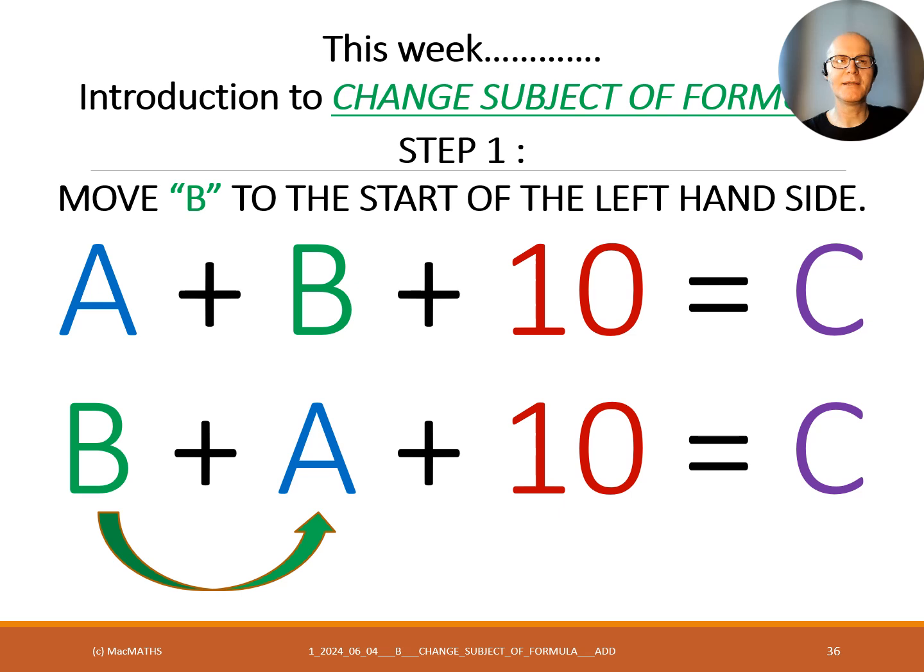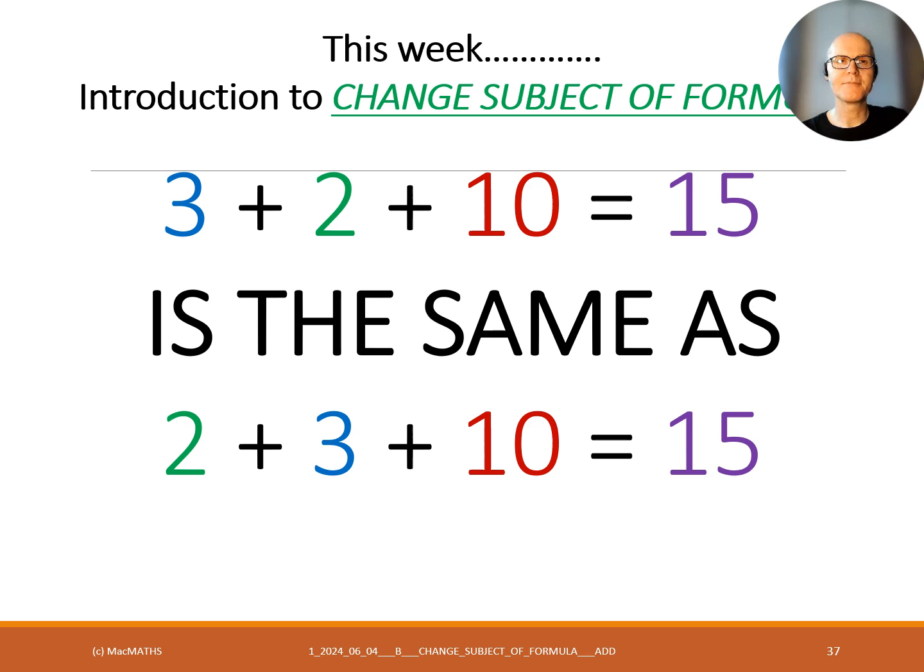Is this okay? Let's prove that that's an okay thing to do. Let's consider these numbers. 3 plus 2 plus 10 equals 15 is the same as 2 plus 3 plus 10 equals 15.